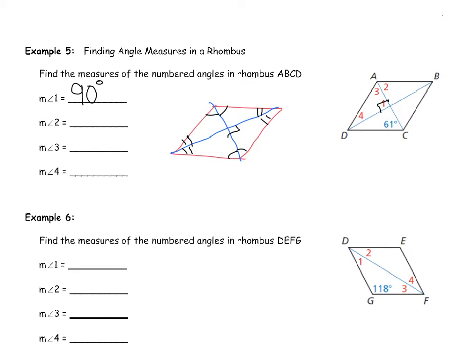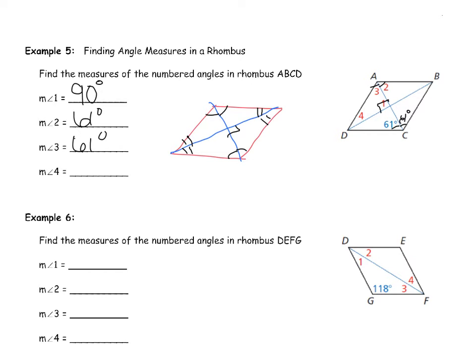Now remember, we know that opposite angles are congruent, and these two sections are going to also be the same. So therefore, I can classify that angle BCA is also 61 degrees. That tells me then that angles 2 and 3 are going to have to be congruent to this over here. So angle 2 is 61 degrees, and angle 3 is also 61 degrees.